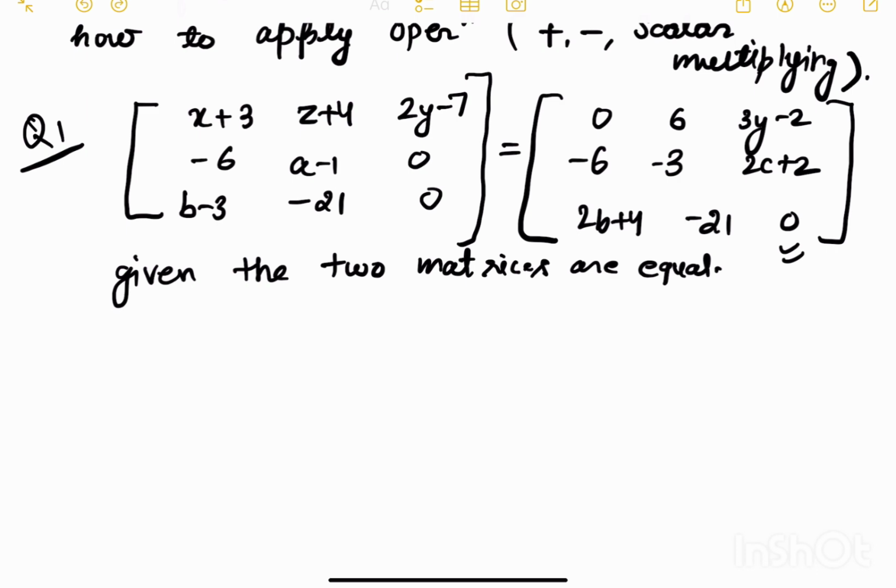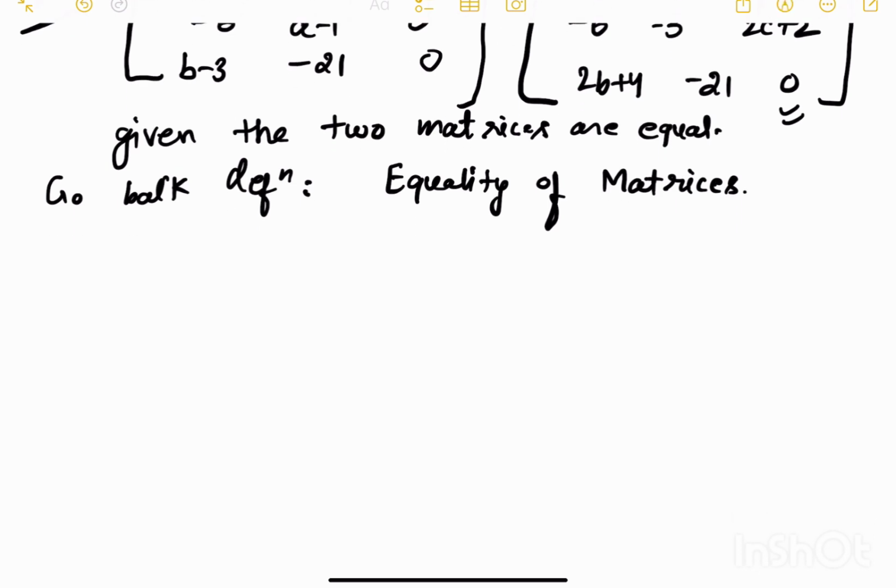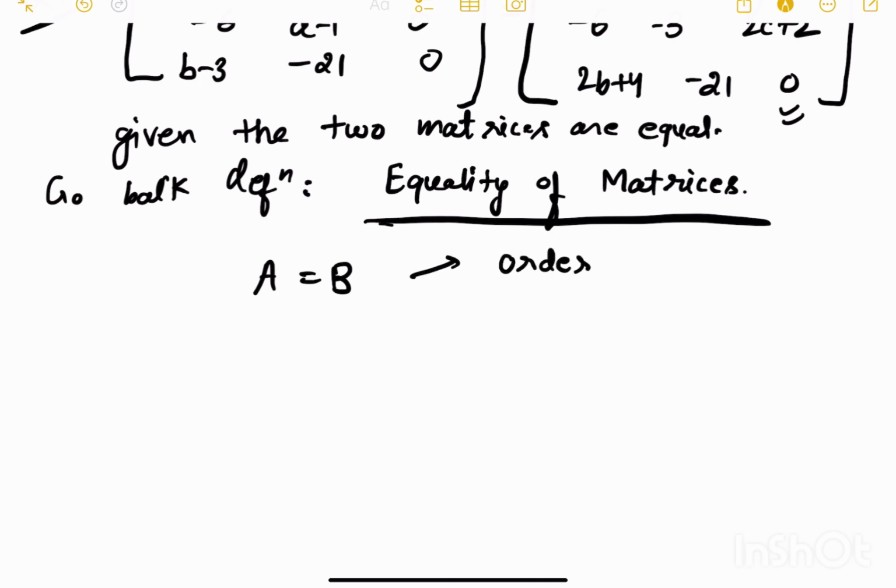Now just go back to the basic definition related to the equality of matrices. What was the definition? If two matrices A and B are equal, first of all, the order of the matrices must be the same, right?